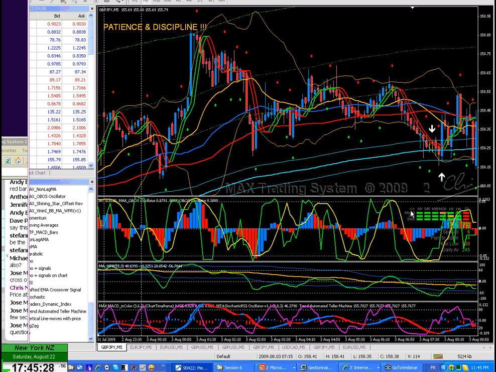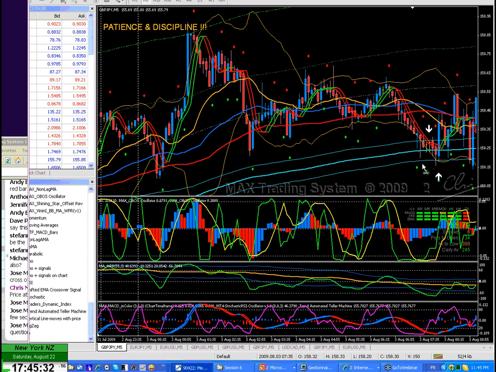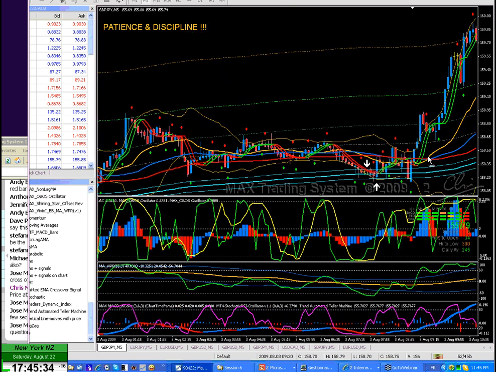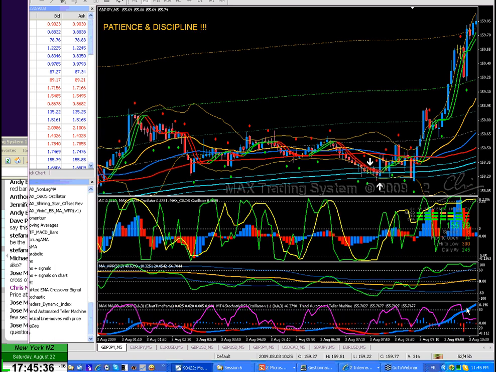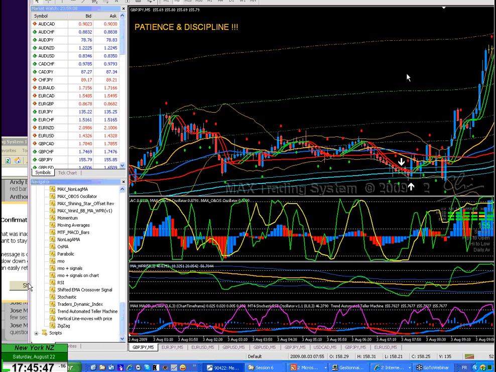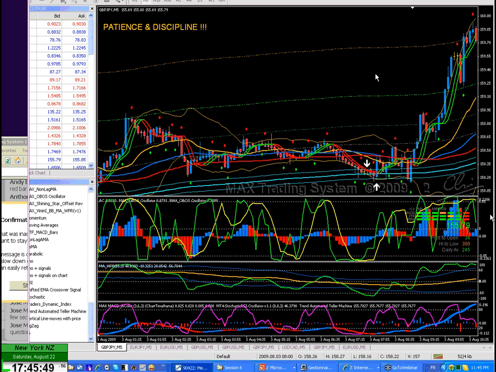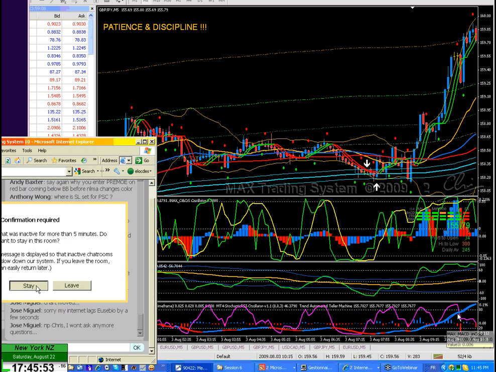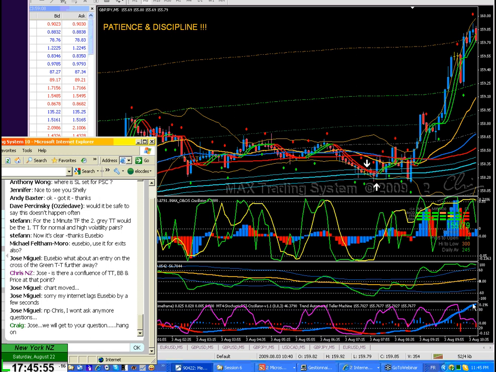And the condition you will add for the Primo, like here, is that the TATM must also be at its extreme and ready to change color. Let's advance this chart one bar at a time by pushing the F12 button. You see here that the TATM is beginning to flatten. It is at its extreme.